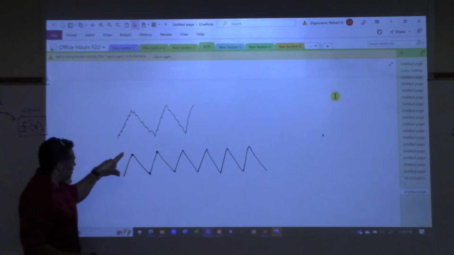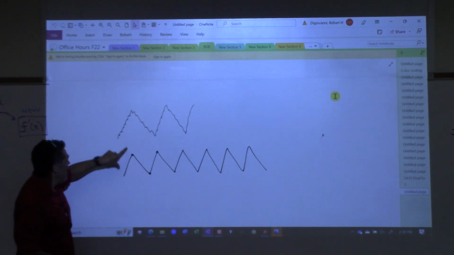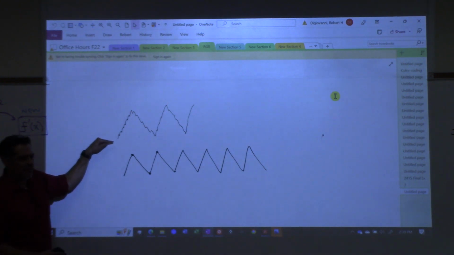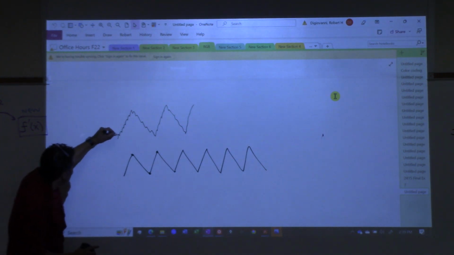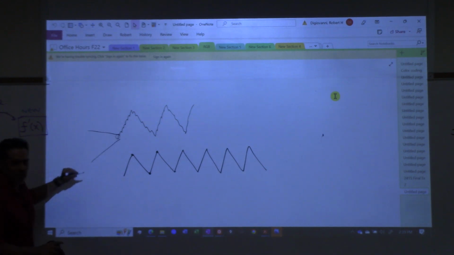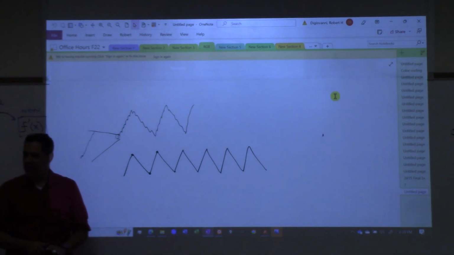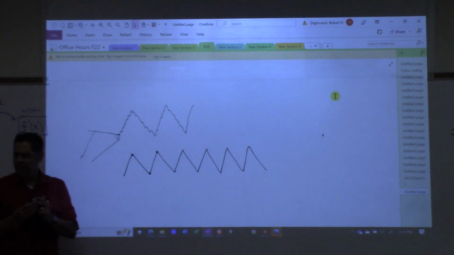And imagine that each tooth of the saw blade actually is a bunch of teeth of another saw blade, right? And then if you zoom in on any of those little teeth, it's a bunch of teeth again. And if you zoom in on any of those, it's a bunch of teeth again. Do you get the idea?